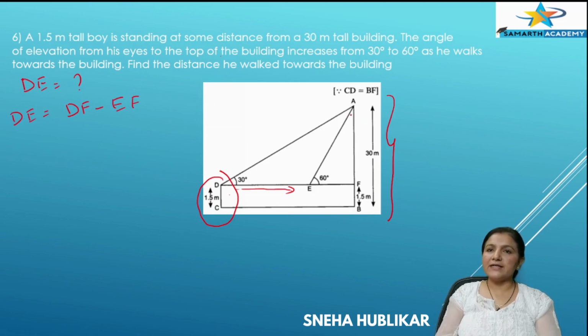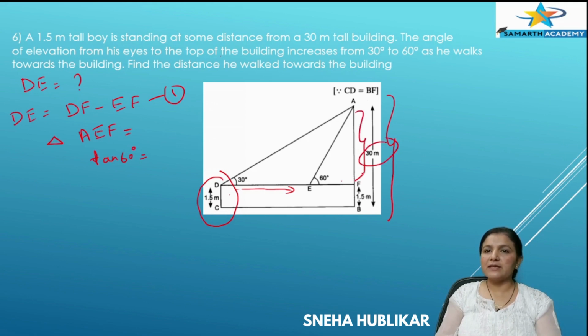So for finding DF and EF, we need to consider the two triangles. Let us consider first the smaller triangle. Let us mark this as 1. In triangle AEF, tan 60 is equal to, see, we want AF.